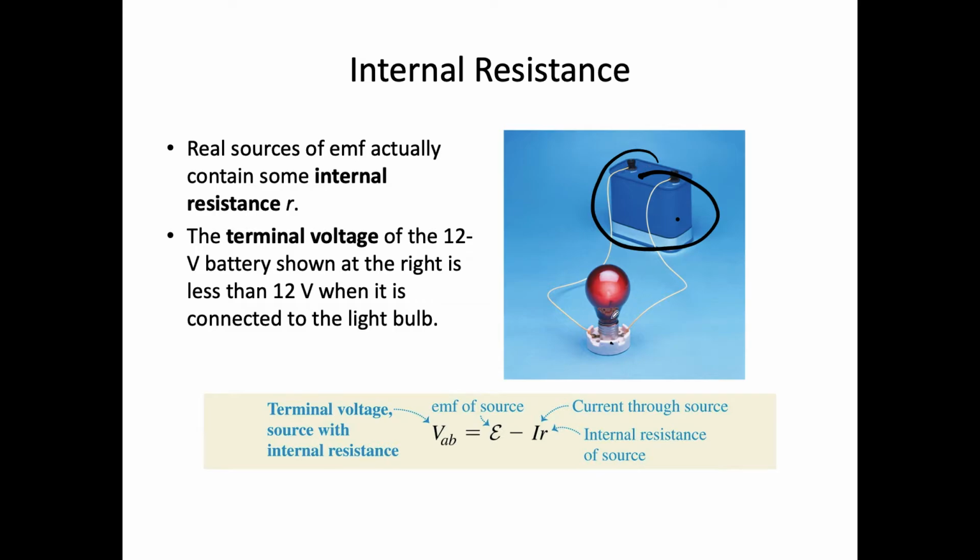If you connect a light bulb to the two terminals and measure the potential over the light bulb, we call it the terminal potential, VAB. It depends on how much current you have going through the circuit. The terminal potential equals the nominal EMF minus the current times the internal resistance of this EMF.